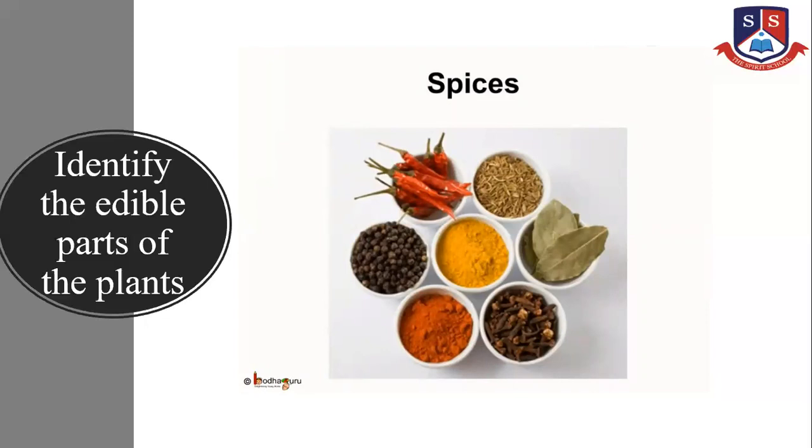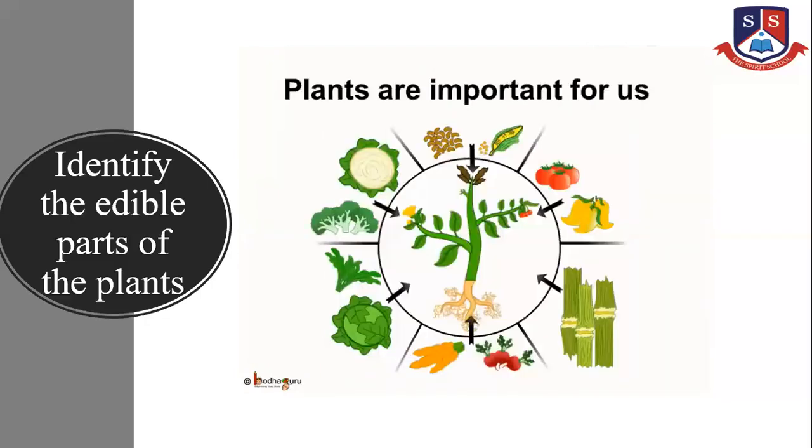A spice is nothing but a dried seed or a fruit or a root or a stem of the plant. So we see the various parts of the plants like the stems, roots, leaves, fruits, seeds are not only important to the plants for their growth but also for us, as we eat many of these parts of the plant.